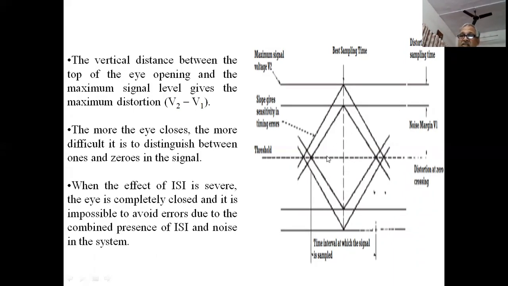This means this area is not observed, so it is impossible to avoid error due to the combined presence of intersymbol interference and noise in the system. So if the eye opening is large, then we can distinguish the signal at the receiver end.